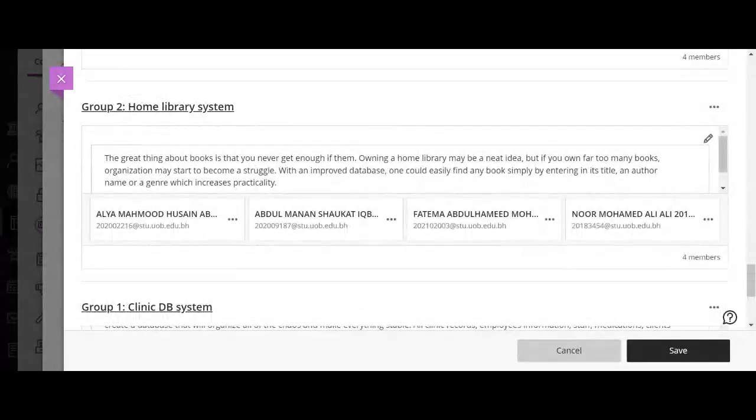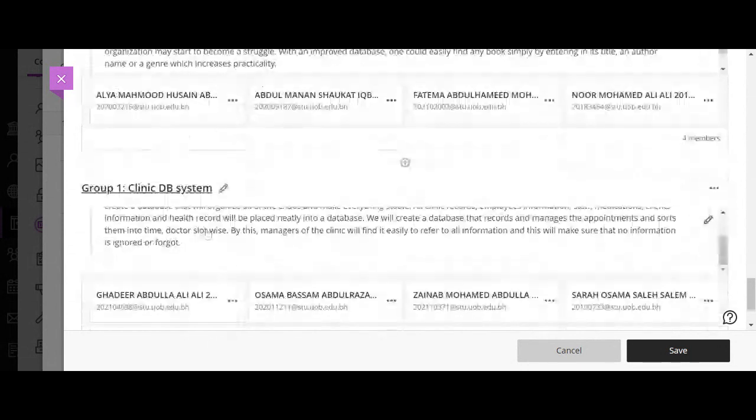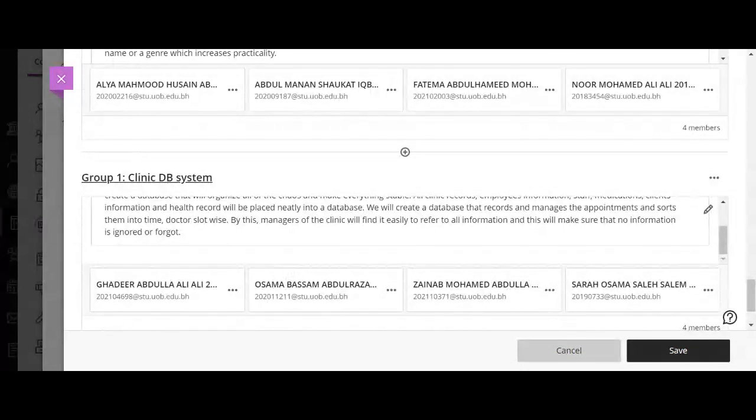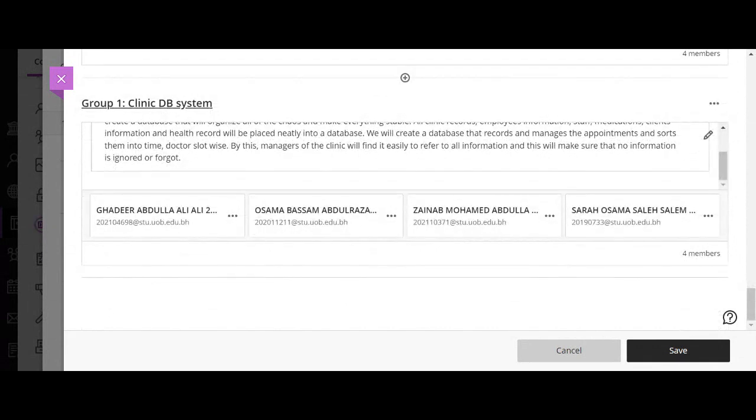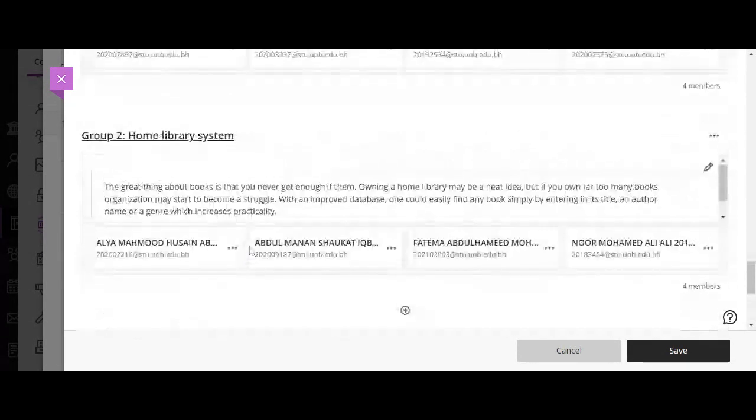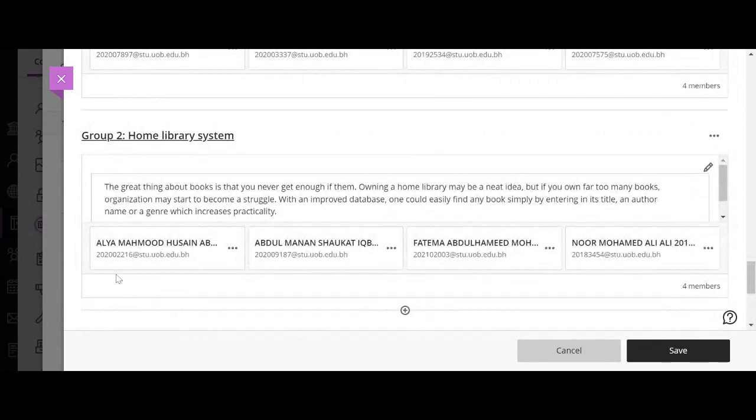Send me a Teams chat and notify me about your group topic. Also mention the members, please, if you have not joined a group yet. I am just reading the names here. Members of group number 2 are Aliya Mahmoud, Abdul Mannan, Fatima Abdul Hamid, and Noor Muhammad.